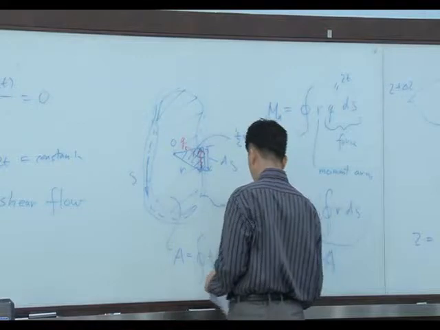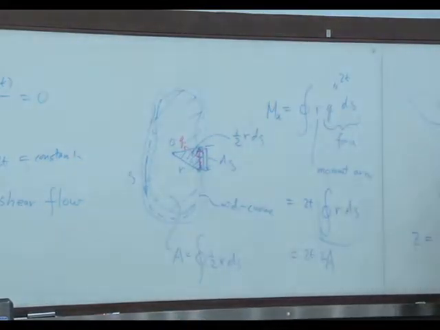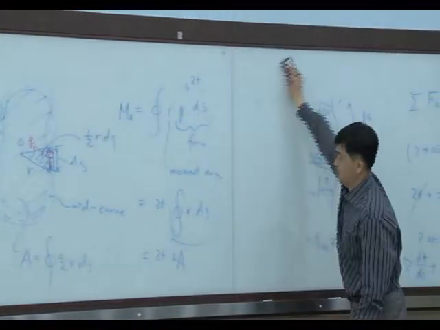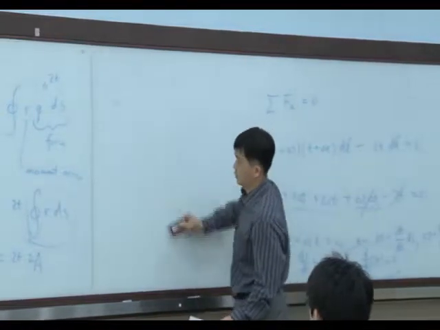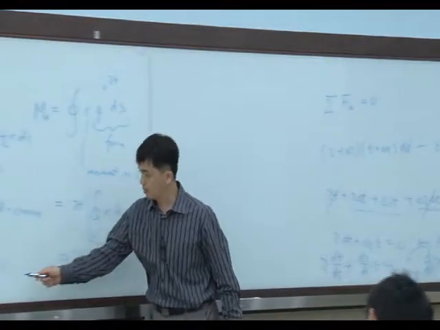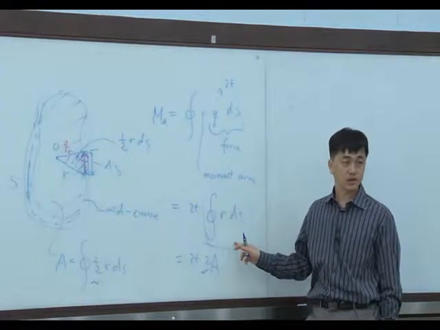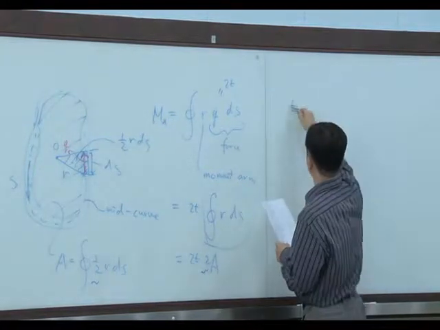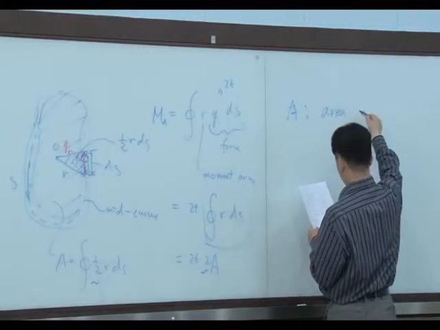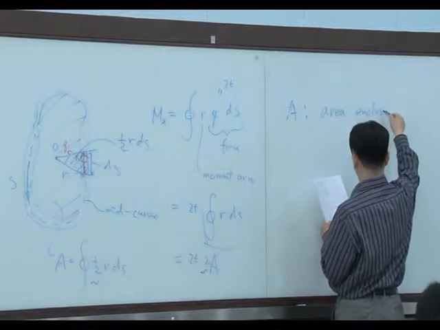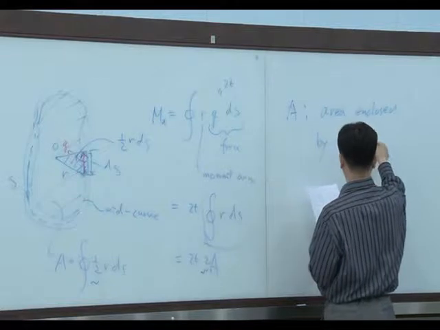So here, because we have 1/2, I need to multiply by 2 to calculate this integration. So A equals the area enclosed by the mid-curve.